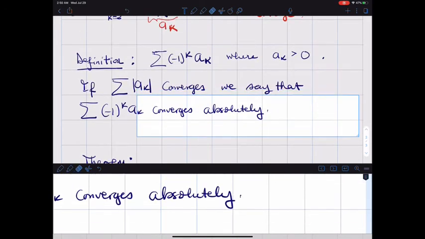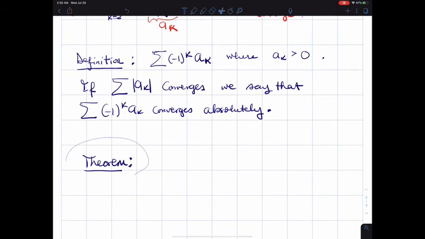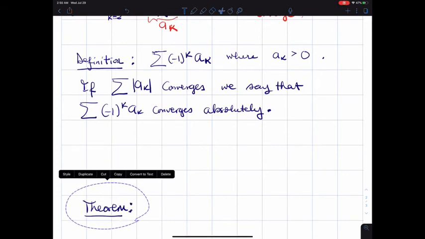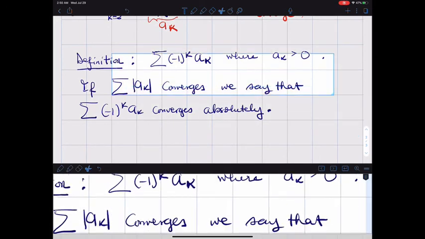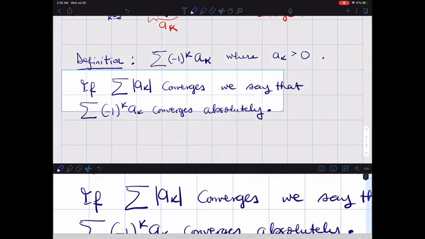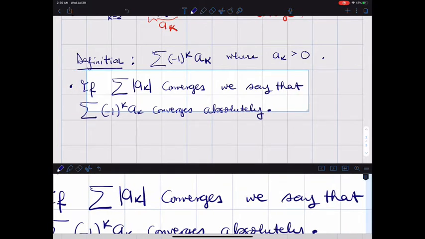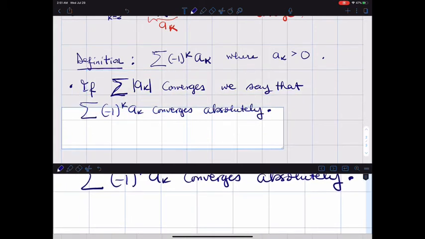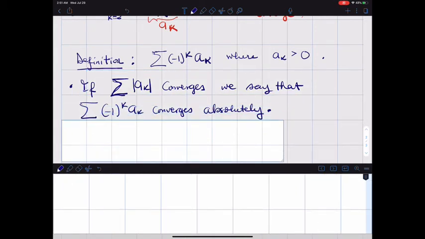Before I state the theorem, I want to say more things. So if we have this alternating series, if this series right here converges, we say that our original series converges absolutely.